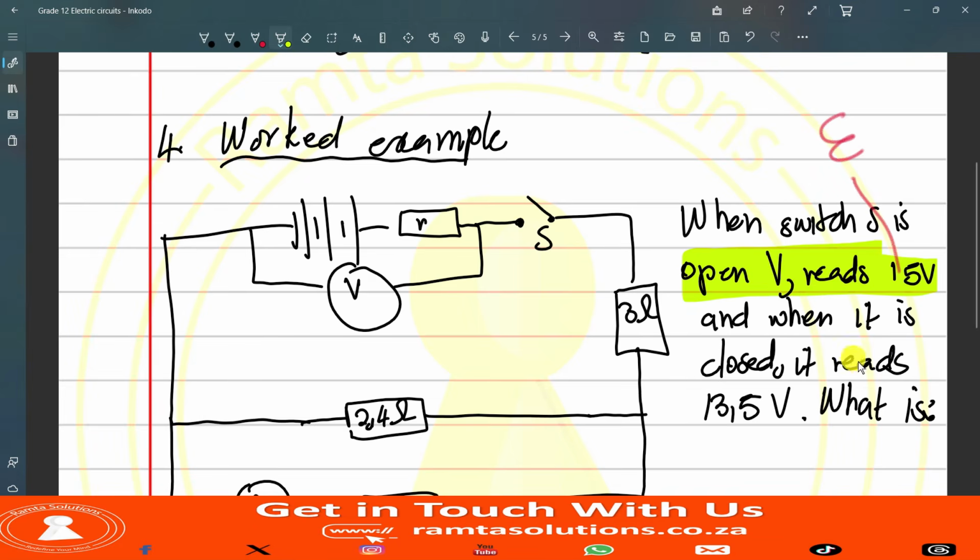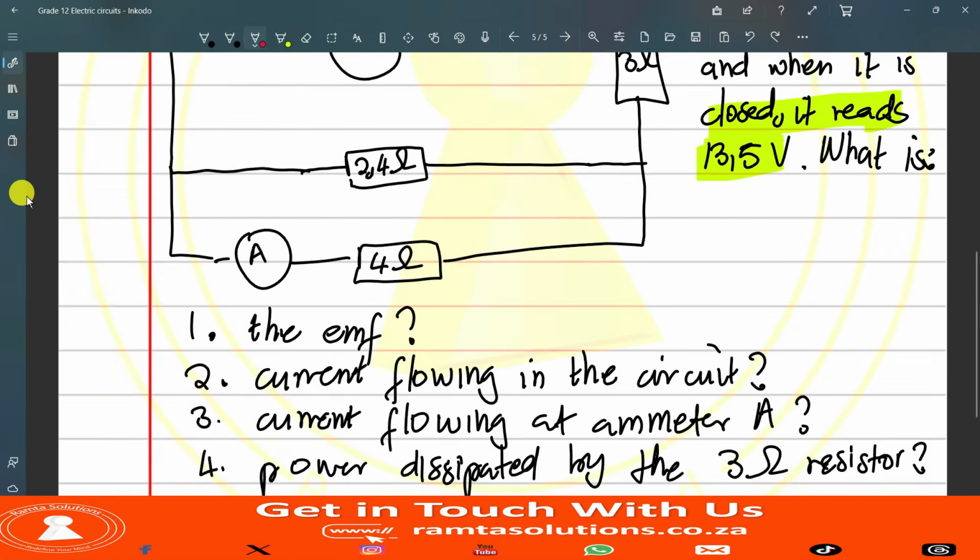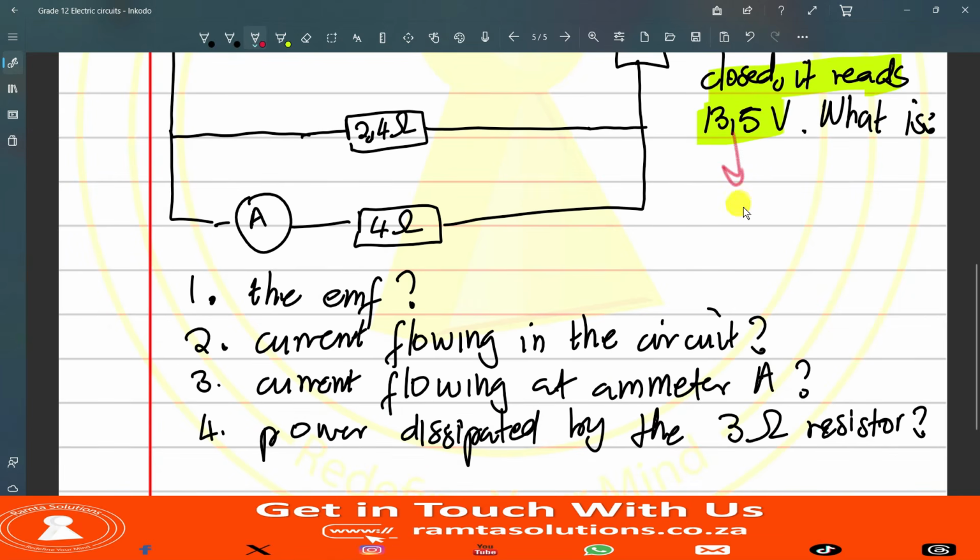Now, when the switch S is closed, it reads 13,5 volts. When the switch is closed, there is current flowing. So this is the V load.